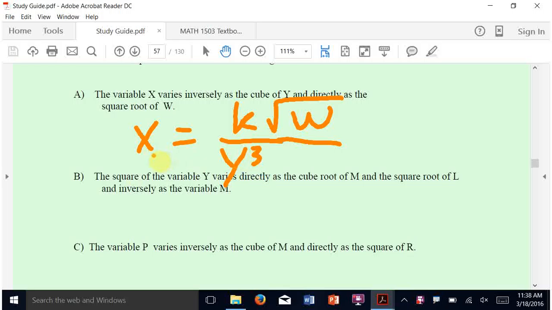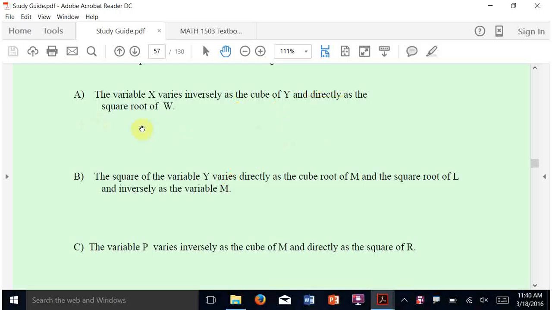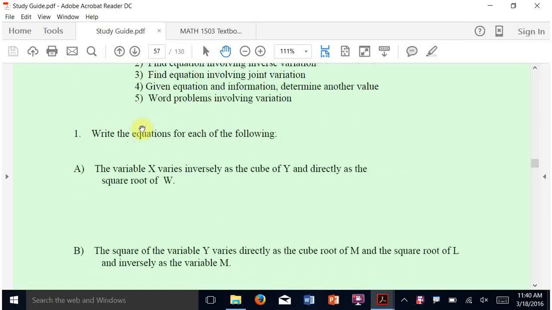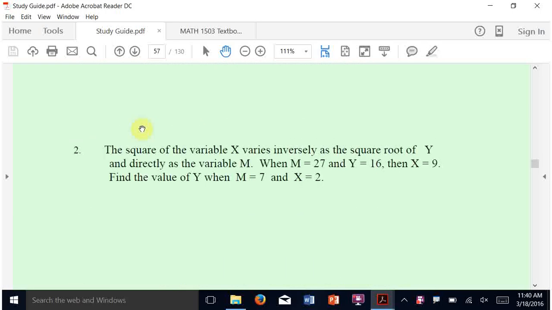When y gets large, x is small. And then we have the square root of w varying directly. That means as w gets large, x will also get large. So we wrote an equation for that.